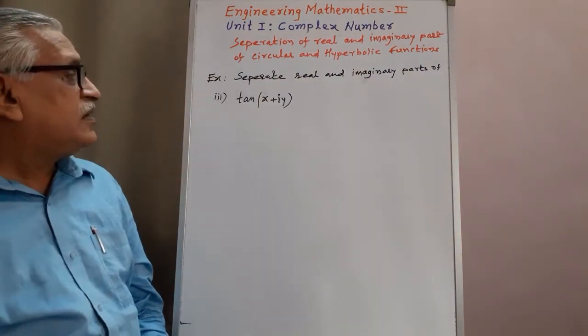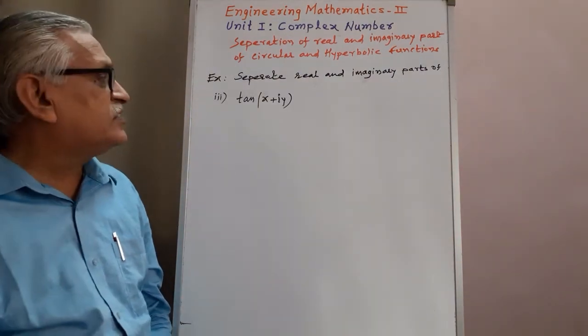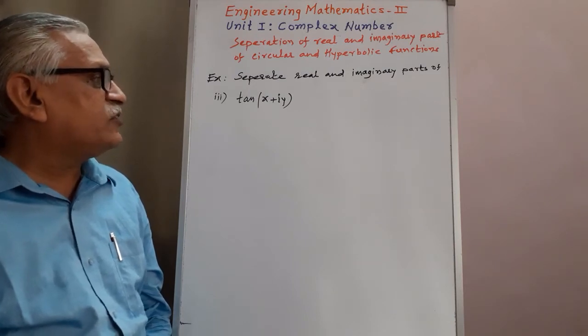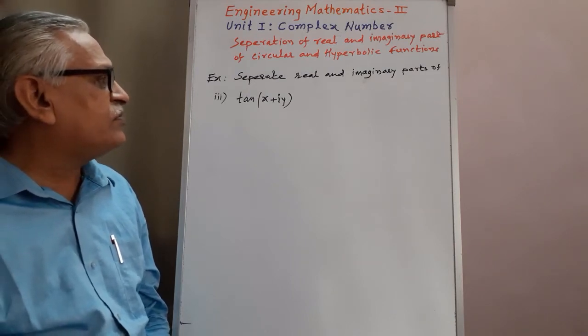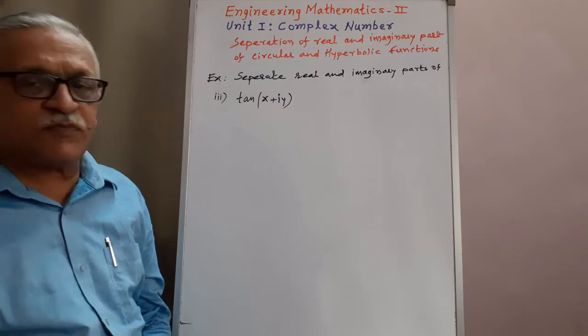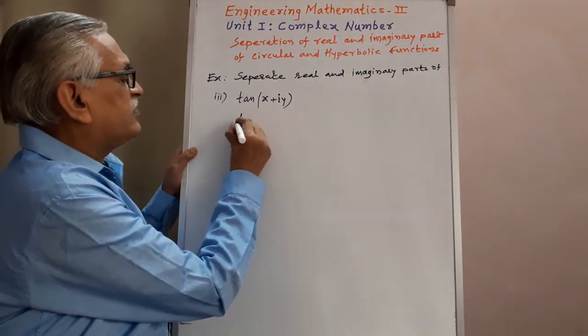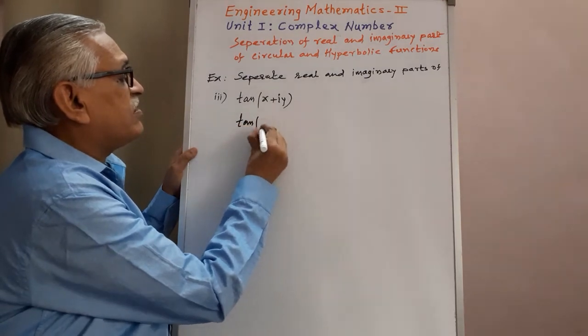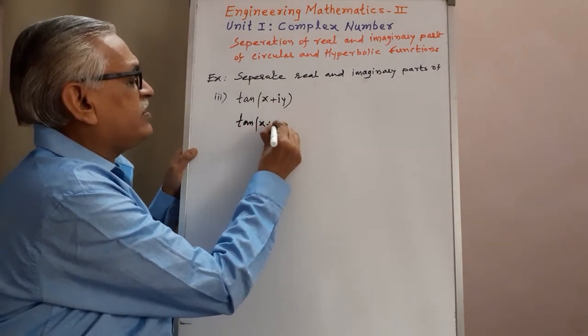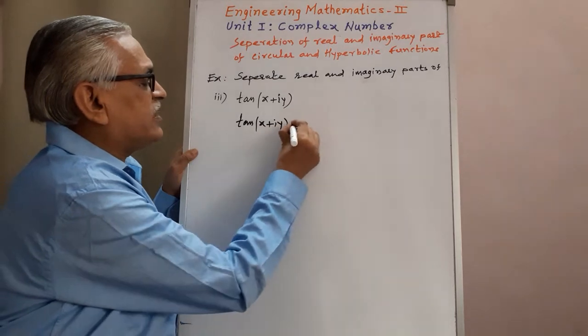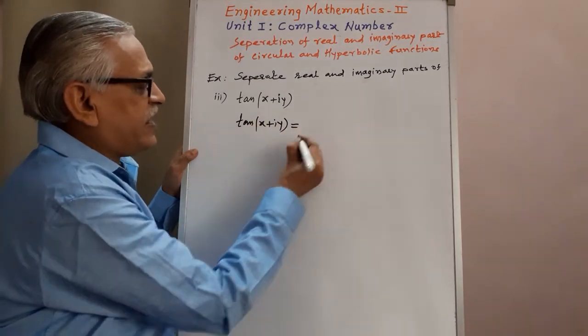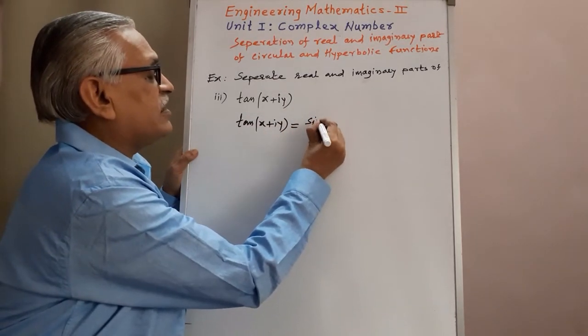Okay. Next example, separate into real and imaginary parts of tan of x plus iy. Here given is tan of x plus iy, and to separate it into its real and imaginary part we rewrite tan as sine upon cos.